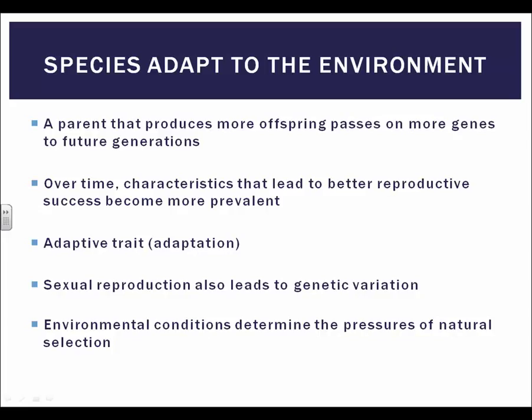Okay. So it says species adapt to the environment. When we hear this word adapt, we think that an individual just grows longer arms so they can climb trees, or they just change and do things. But it's things that they already have. A parent that produces more offspring passes on more genes to future generations. That makes sense. Over time, certain characteristics that lead to better reproductive success become more prevalent.